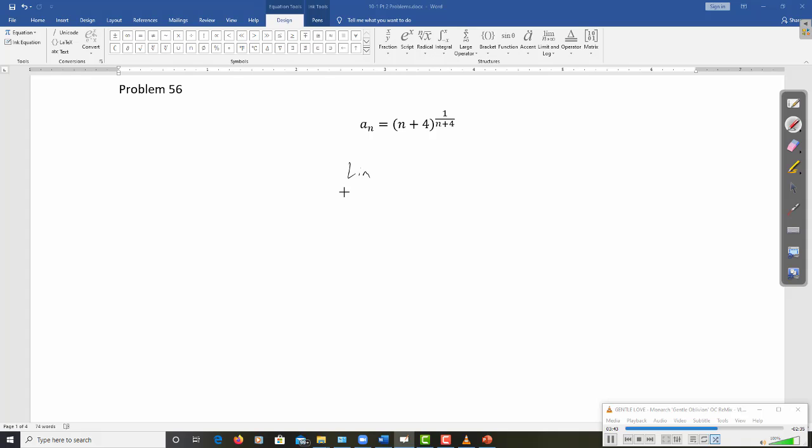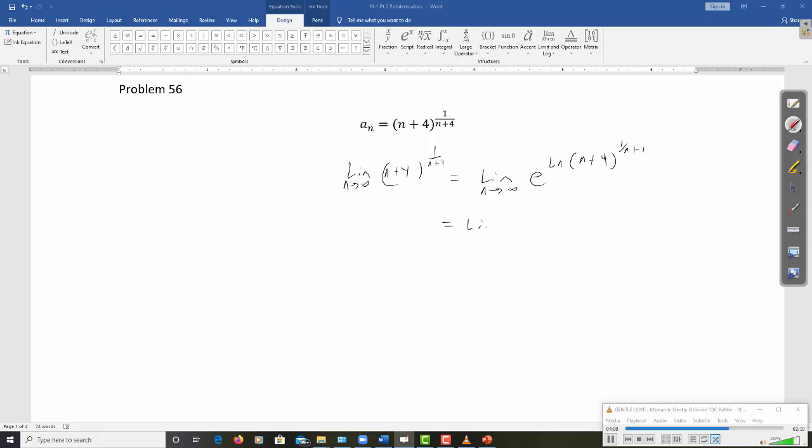This is another one we looked at before, where you can use your logarithm trick. The limit as n goes to infinity of n plus 4 to the 1 over n plus 4. We use our logarithm trick. Limit as n goes to infinity of e to the ln of n plus 4 to the 1 over n plus 4.